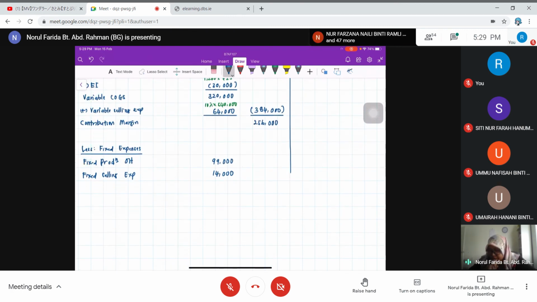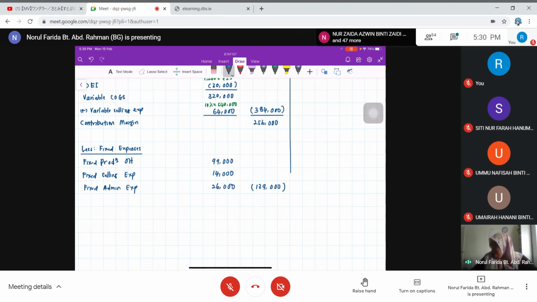Lepas tu kita ada fixed administration expenses, 26,000. Okay, total ini adalah 139. Alright. 99 campur 14 campur 26 adalah 139.